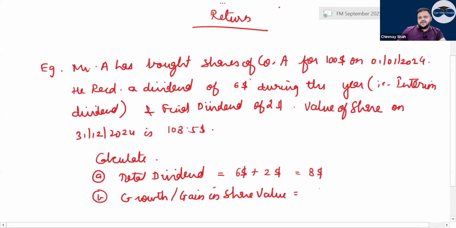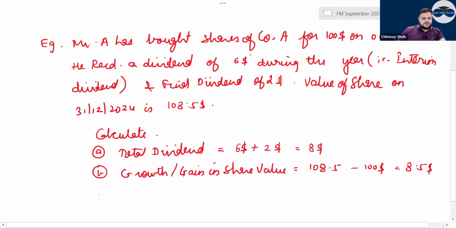How much is the price at the end of the year? $8.5. So 108.5 minus $100. Correct. How much is the gain? $8.5.